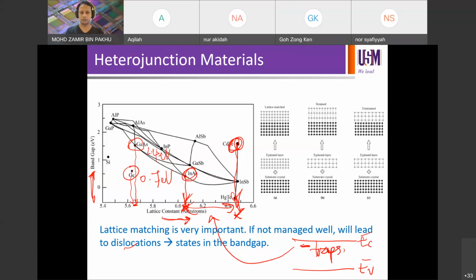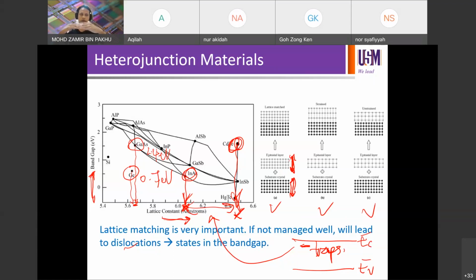So these are some examples of when you deposit an epitaxial layer. Remember we talked about epitaxial layer formation last time. Deposition, a very thin one, layer by layer, so that they follow the crystal orientation of the underlying crystal or the substrate. If you want to deposit the epi layer, you want it to take on the crystal structure of the substrate, to follow exactly the crystal structure of the substrate.